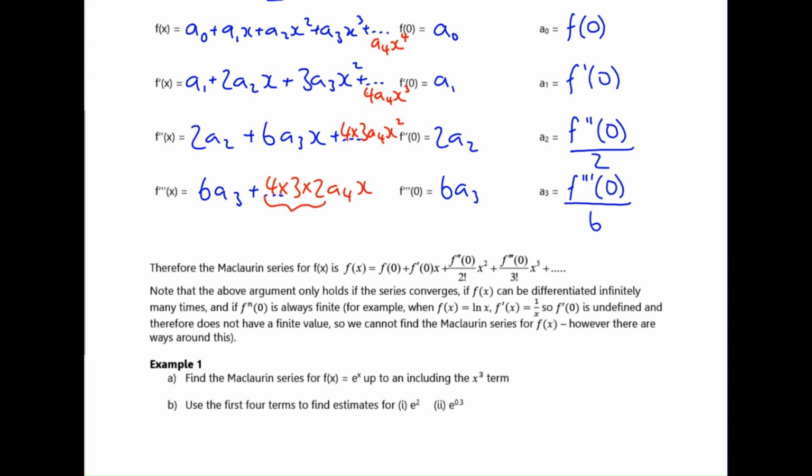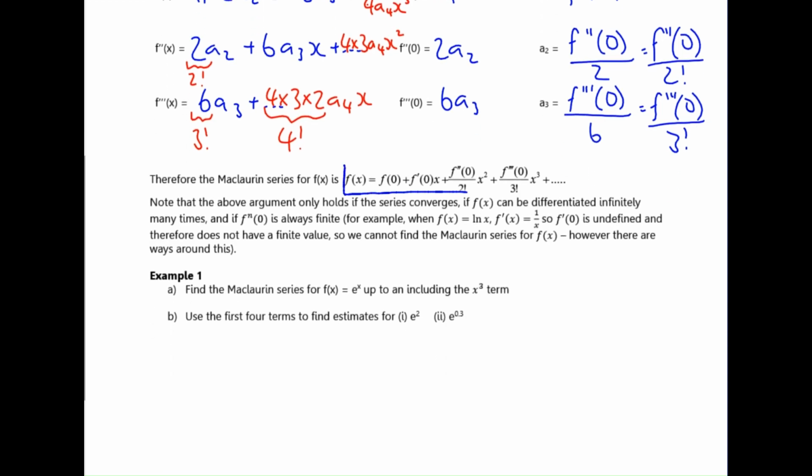Notice what we've got here is 4 factorial. And this 6 for a3 is 3 factorial, and this 2 for a2 is 2 factorial. So a simpler way to write these a2 and a3 coefficients is f double dash of 0 over 2 factorial and f triple dash of 0 over 3 factorial. I say simpler, it's just so it's easier to see the pattern here.